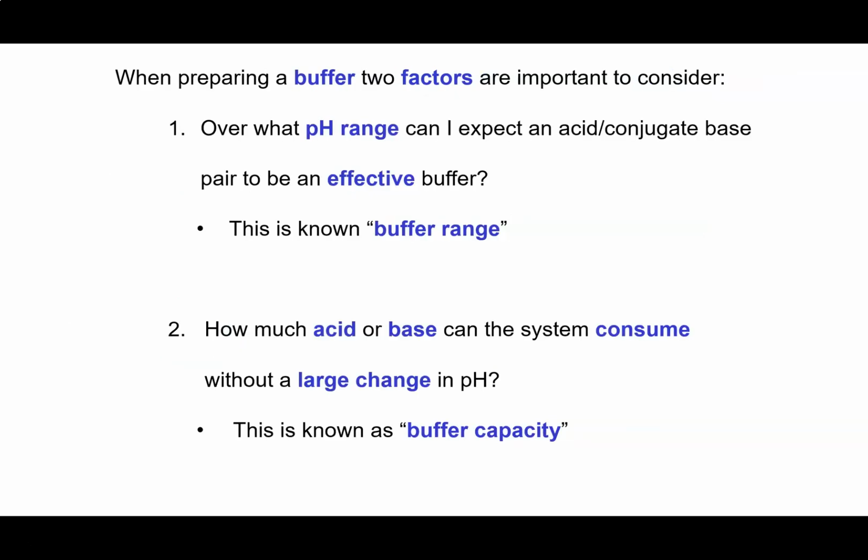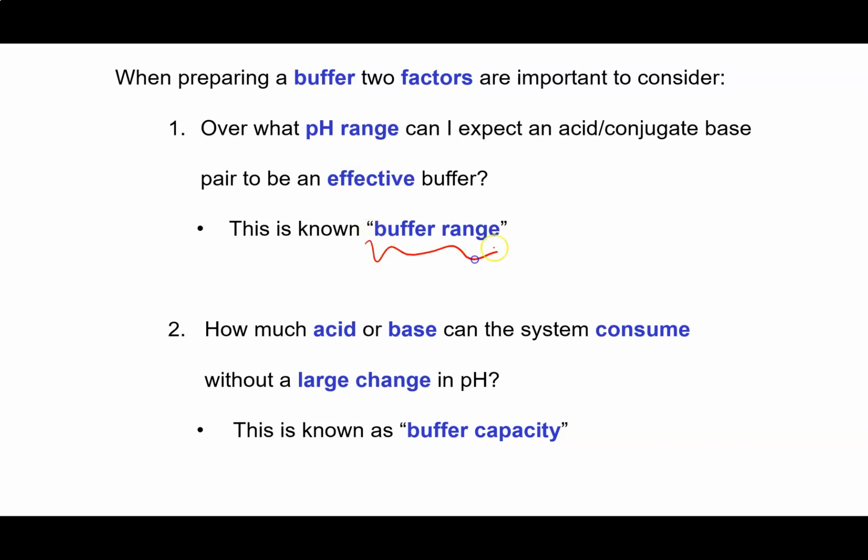Okay, so I think we've concluded the quantitative portion of this section. Now we want to talk about some important things to consider about the use and preparation of buffers. One of the things that we're interested in is over what pH range you would expect a particular weak acid conjugate base pair to be an effective buffer.